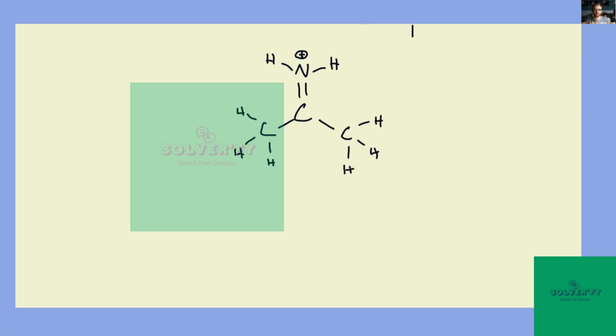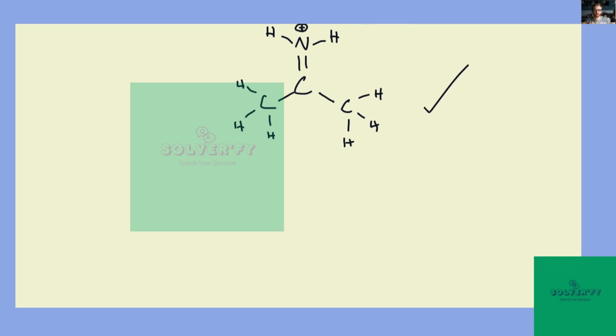And what we can see if we look at our carbons is that this carbon has 1, 2, 3, 4 bonds. The central carbon has 1 bond to the left, 1 bond to the right, and 2 to the nitrogen for a total of 4. And this carbon has 1, 2, 3, 4 bonds as well. So everything is fine in the second Lewis structure. This is reasonable.